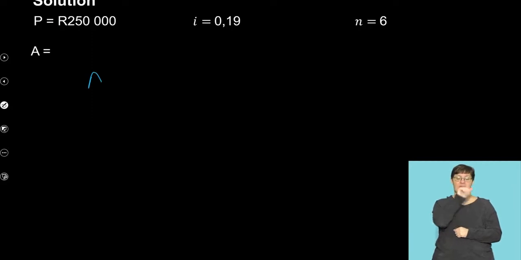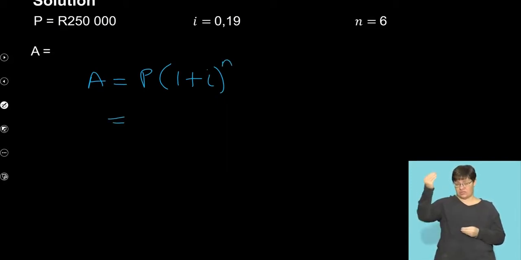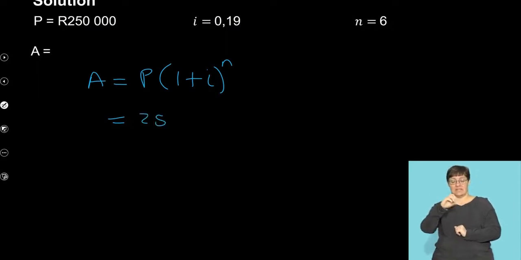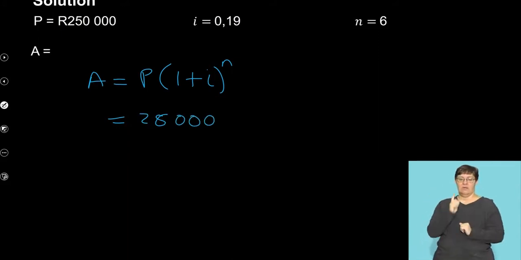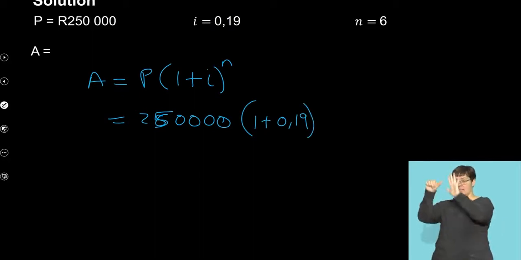So, therefore, they will say A is equal to P into 1 plus i to the exponent of n. Now we are talking about inflation, right? Because it is going up, not going down. Hence, it is a plus. So this will be 250,000 into 1 plus 0.19 to the exponent of 6.